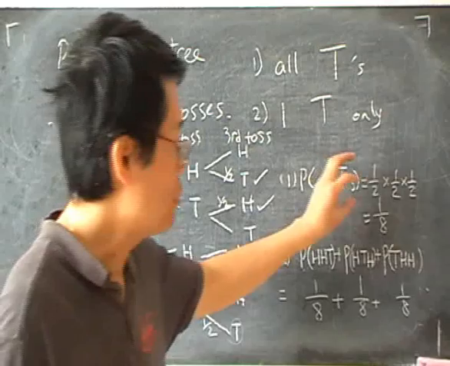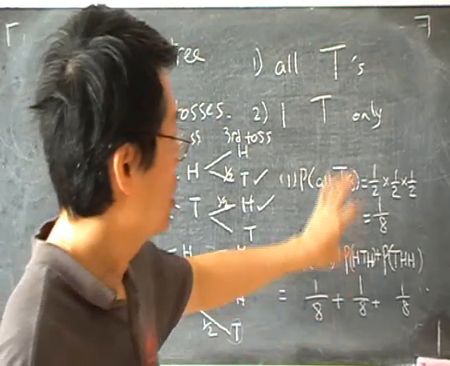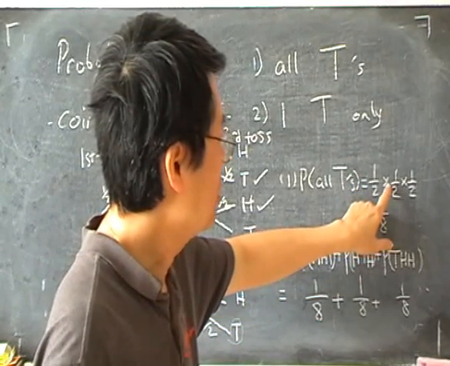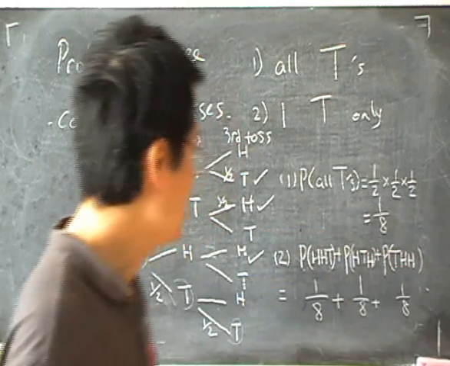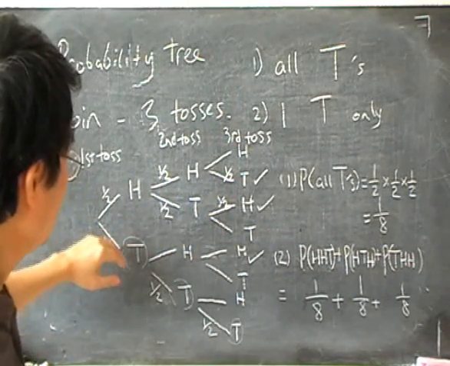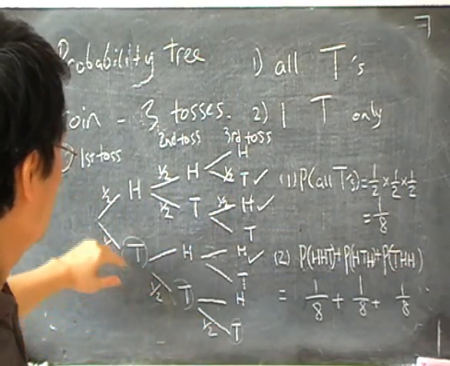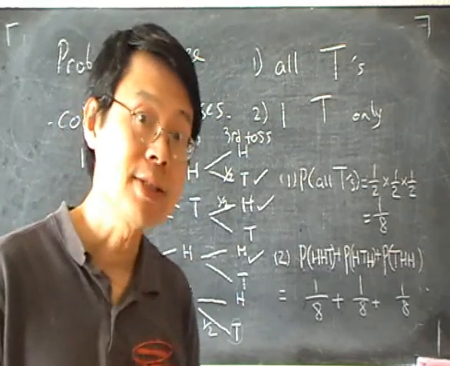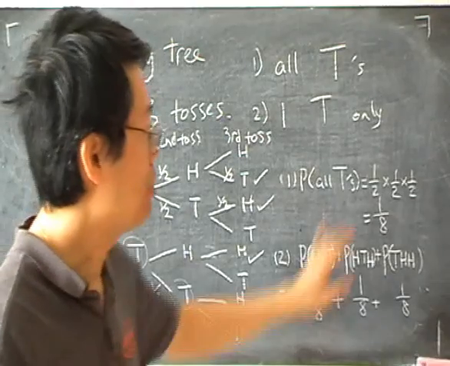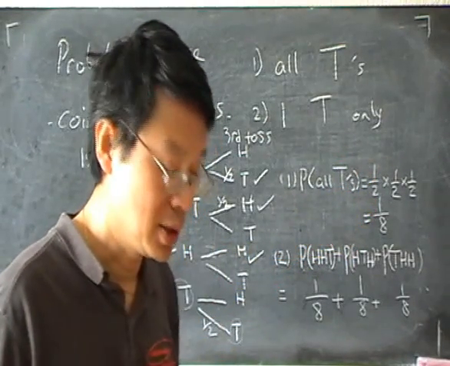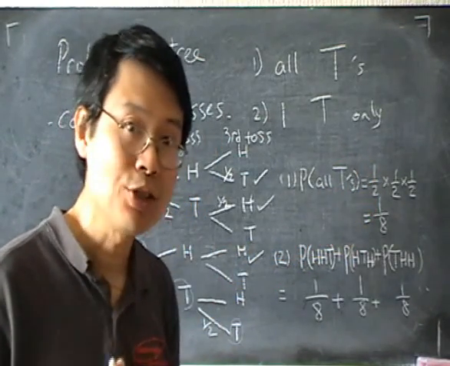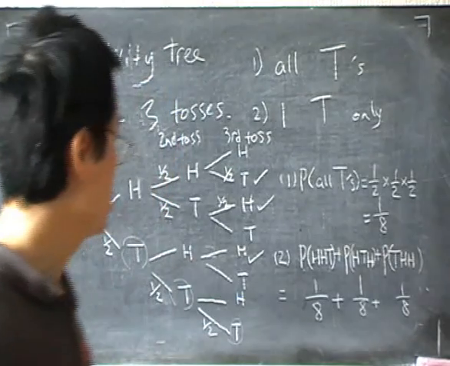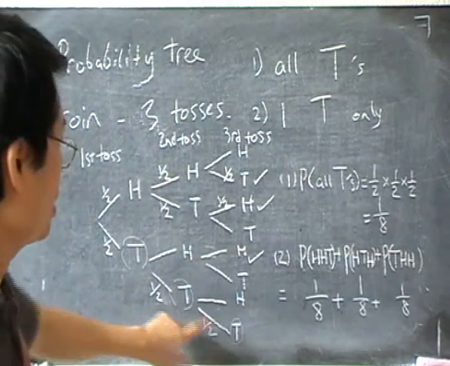Now in this case, we have to be a little bit careful. I've said that you can multiply the probabilities when you follow these branches. Now the reason why we can multiply the probability in this case is actually not because these events are independent.